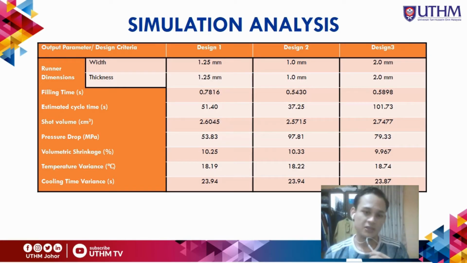For temperature variance, design 3 has the highest value, 18.74 Celsius, while design 1, 18.19 Celsius, has the lowest, followed by design 2, 18.22 Celsius. Cooling time variance results, as mentioned earlier, have influenced the cycle time. It is important to consider this result to improve delivery and product rate of the manufacturer.